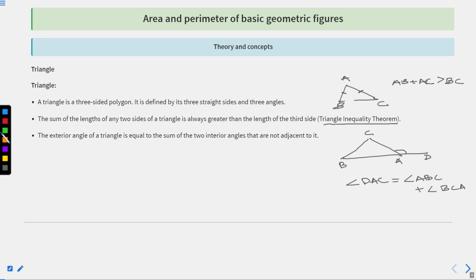I am talking about the sum of these two. Geometrically, this angle is equal to the sum of this angle and this angle. Okay, so that's what this equation tells you.